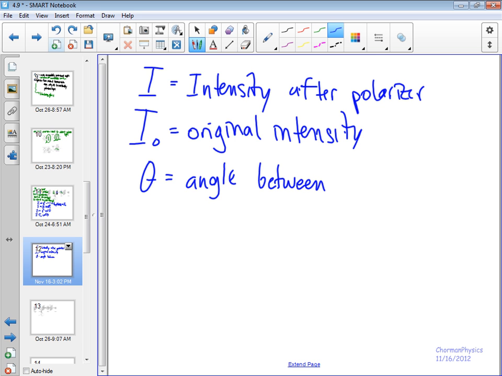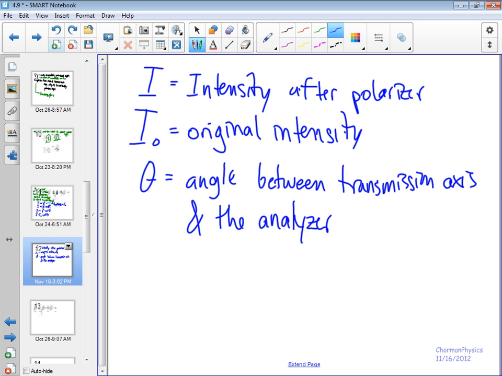Finally, theta is the angle between the transmission axis and the analyzer. And E is the strength of the electric field.